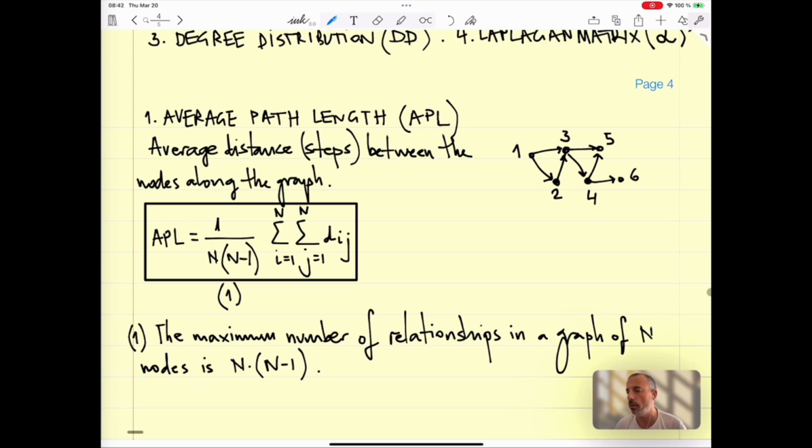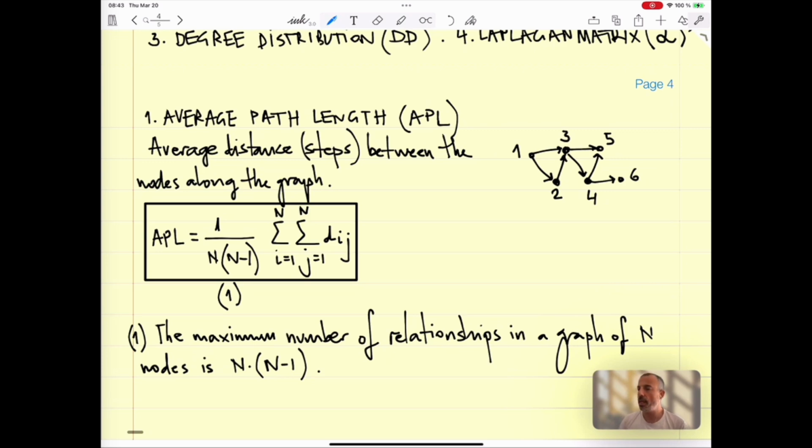Why? Because every node has n minus 1 relationships. So if we have 10 people in our network, and we take one of the 10, he's going to have 9 relationships to all of the rest. Because we have 10 people, we multiply 10 times 9, and then we get the maximum number of relationships in a network of 10 people, which is 90. Okay?